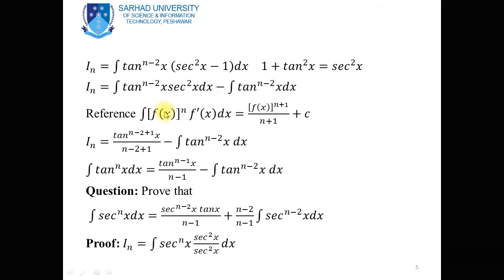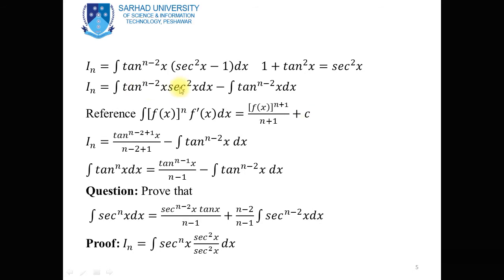Now using this formula, we know that the integration of the product of f of x power n into f prime x with respect to x, when this function is the derivative of f of x, then for the integration we can write f of x power n plus 1 divided by n plus 1 plus c.